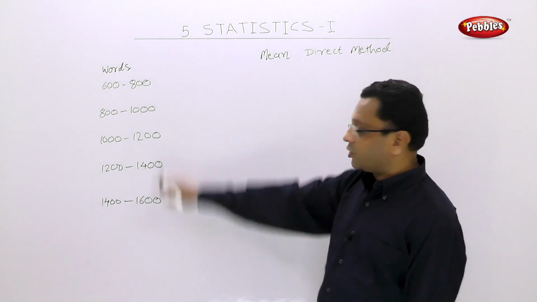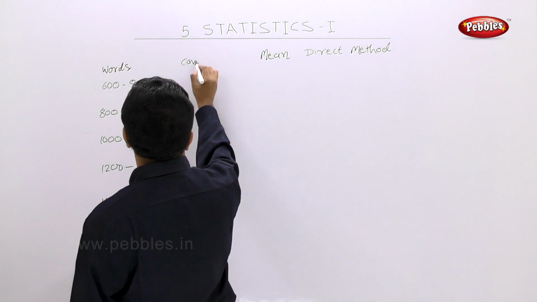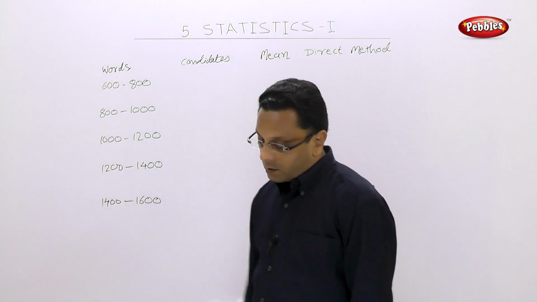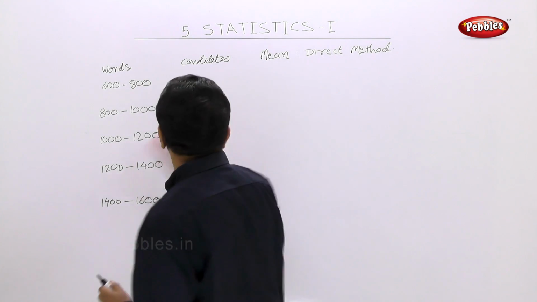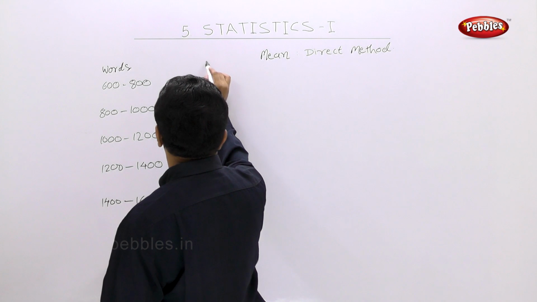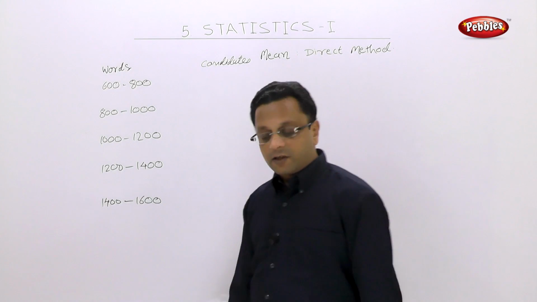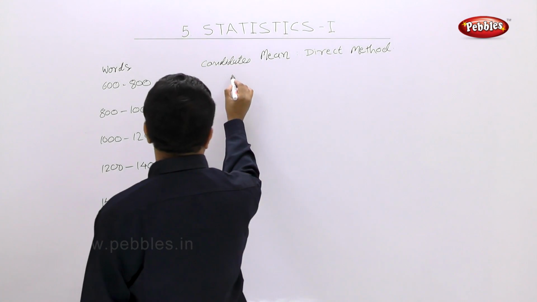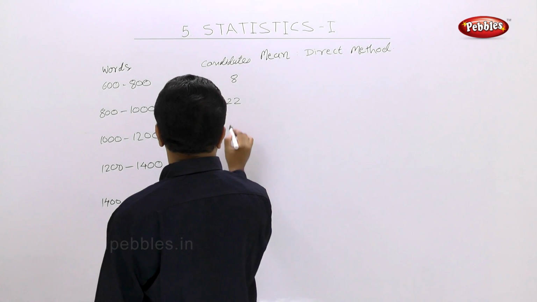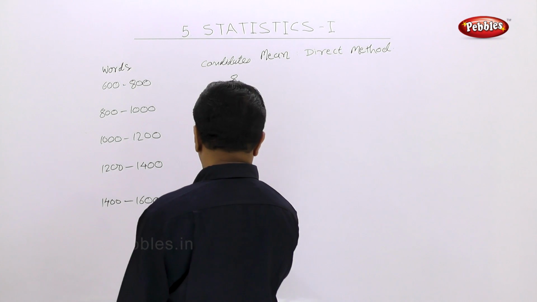So these are the number of words given, and the number of candidates are given. I will keep some space. Candidates are 8, 22, 40, 18 and 12.